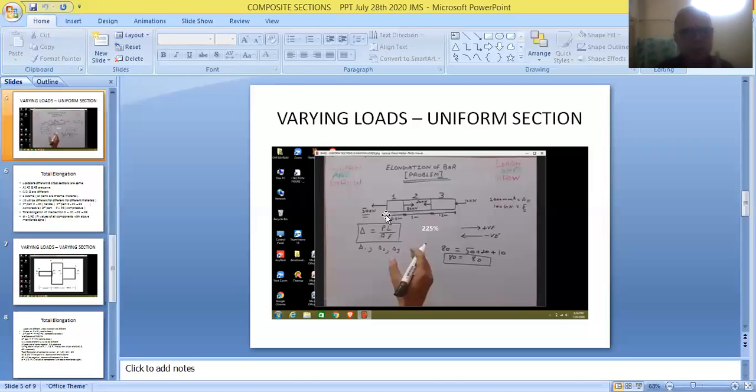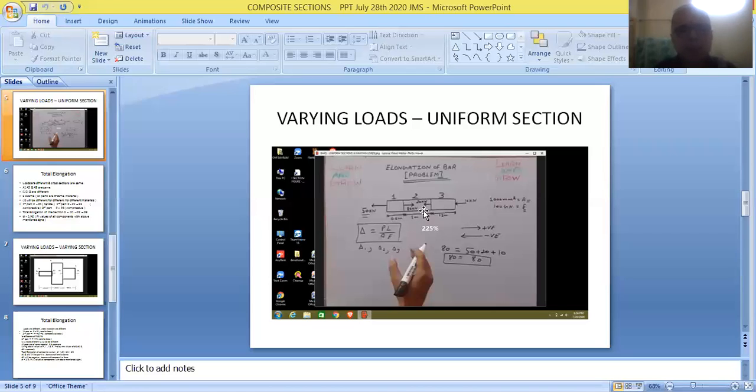And friends, only one force is given for first component, and P1 can be taken as 50 kilonewtons. And of course, it is a tensile load. And here P3, the load for the third component, can be taken as 10 kilonewtons. Of course, it will be coming as a negative value.